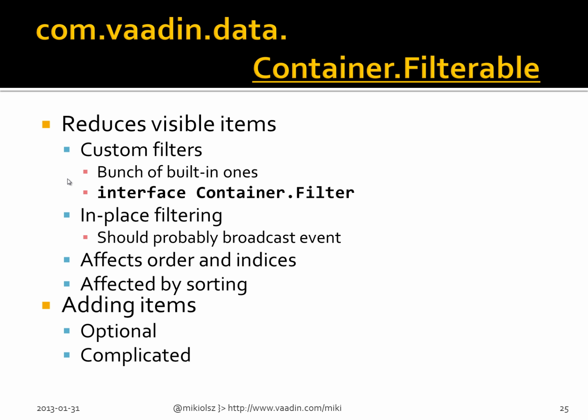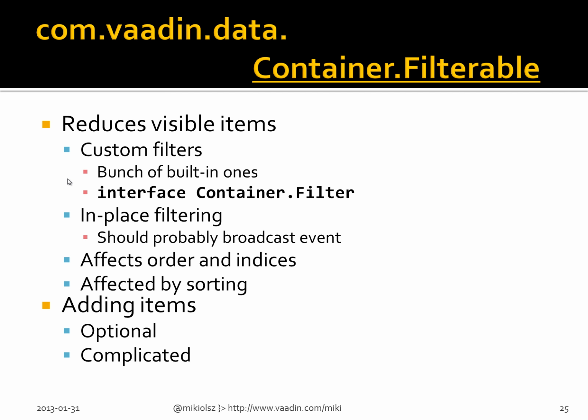Okay, so now we have an indexed, ordered, or sortable container. Now a completely separate branch of those utility interfaces is something that is filterable. That reduces the items that are visible; all the get item IDs should return something that is filtered. So there is support for built-in filters.